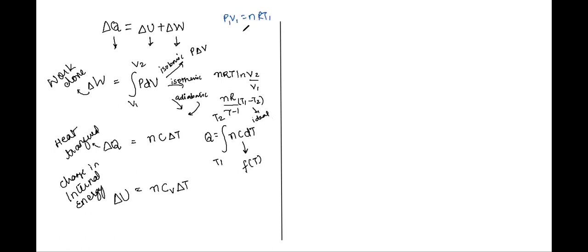Let's say the gas goes to another state, P2 V2 T2, while the first state was P1 V1 T1. So we can write nRT1 as P1 V1 and nRT2 as P2 V2.